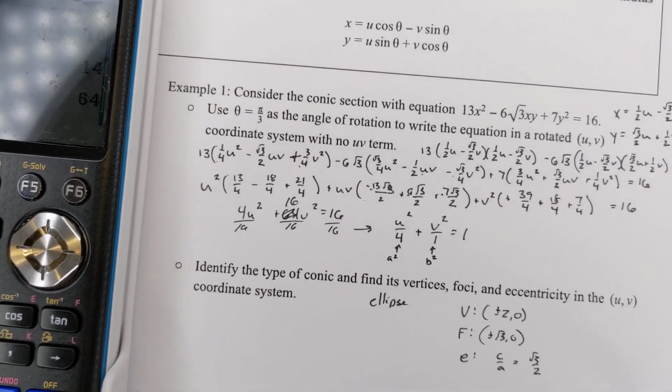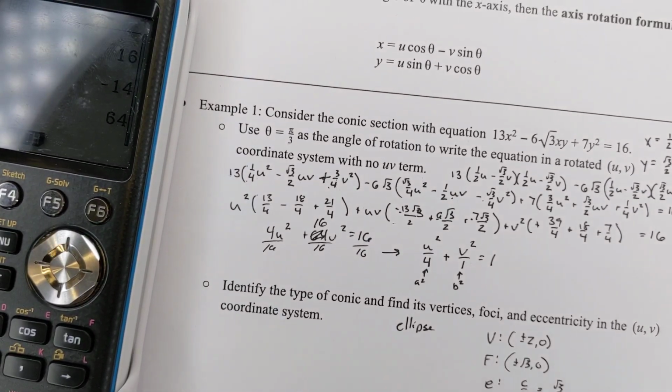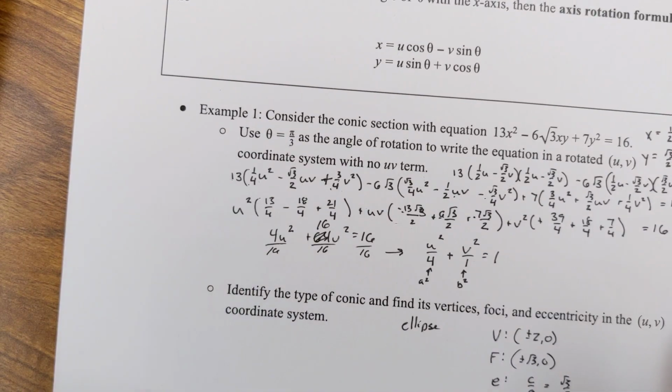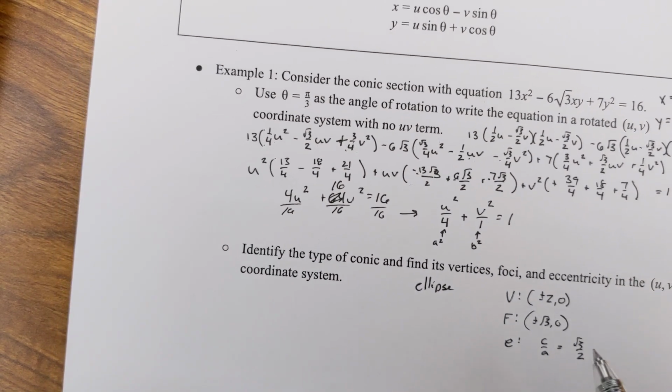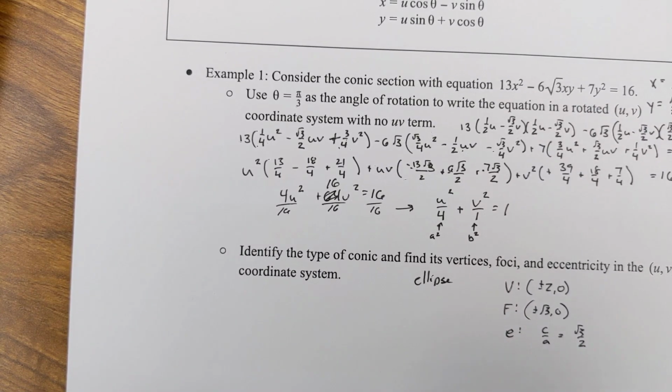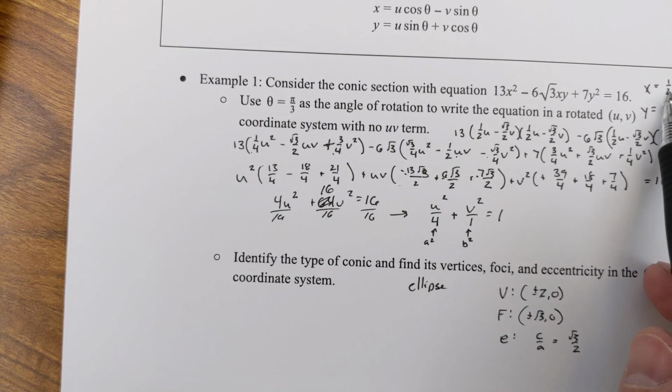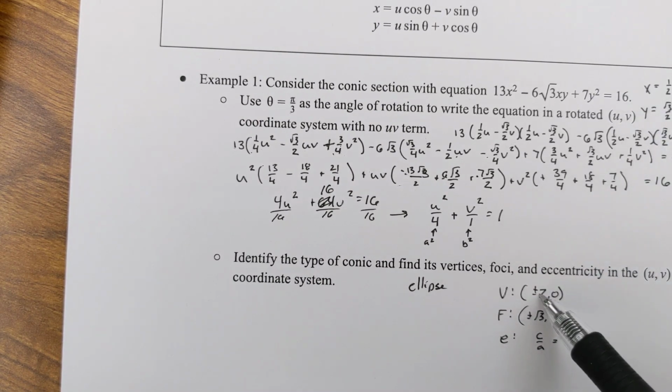Back in the original coordinate system. Okay, so to go backwards, I know my u and v, so the vertices, that's u, that's v. Here's my formulas, so I would plug 2 and 0 back into these formulas.